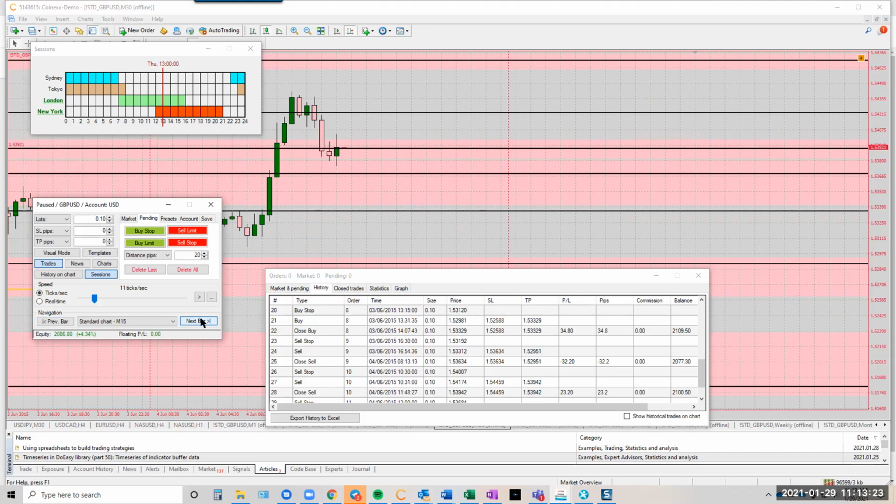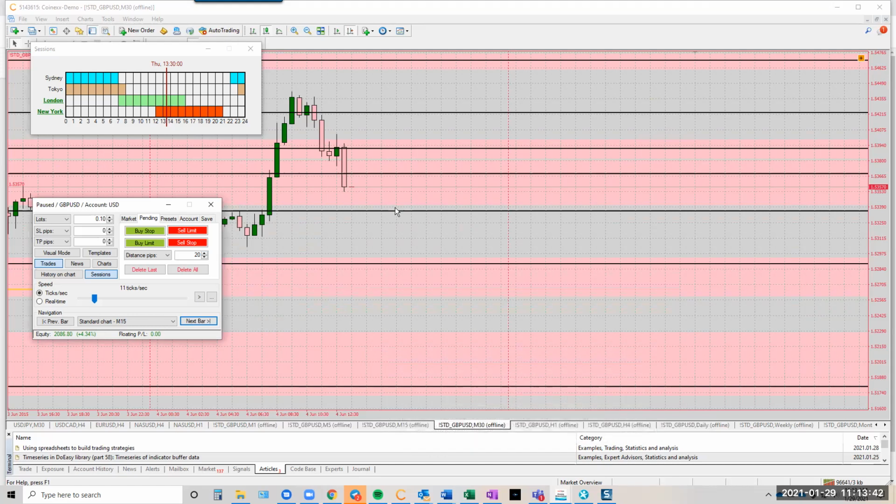If that stop loss had been higher, this would have got my trade. So direction was correct, stop loss was too low. Yes, it was a rejection. Cool. Okay.